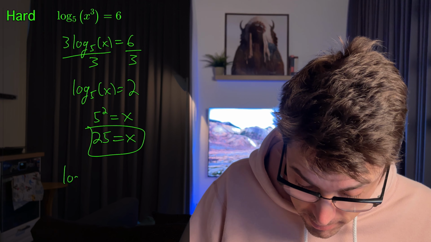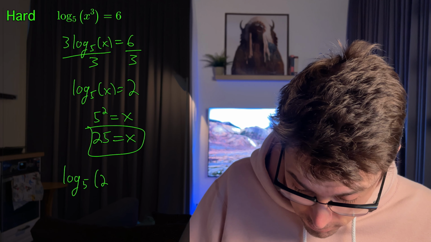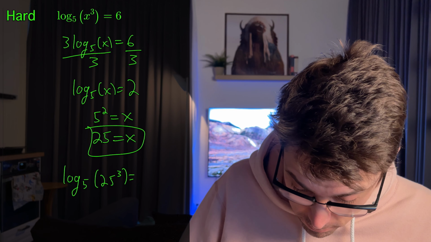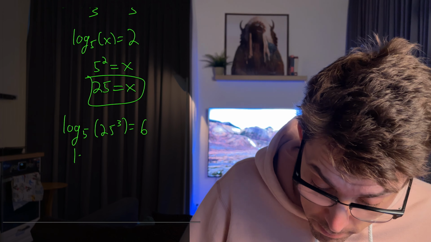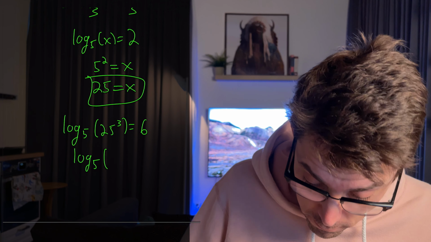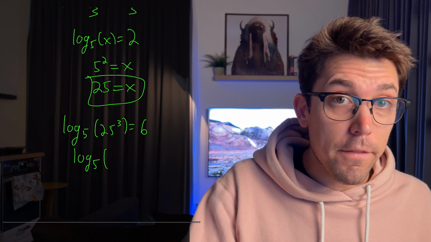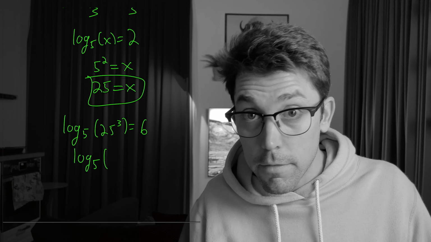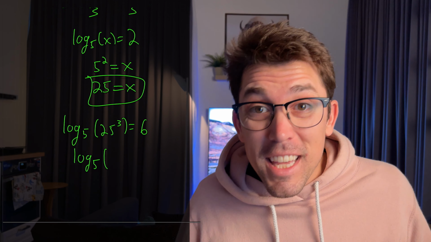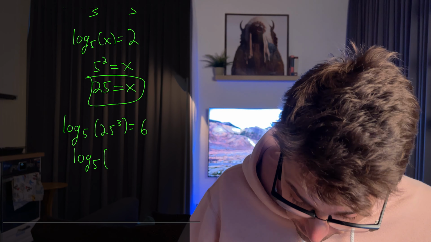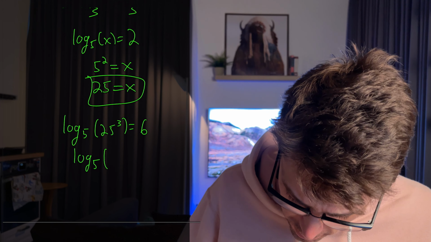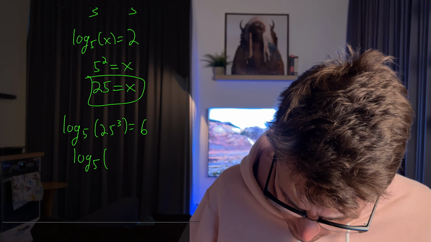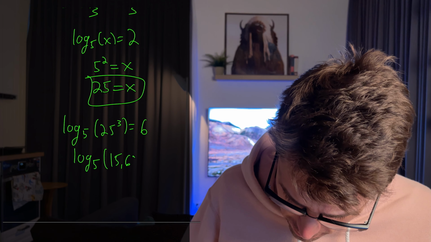So what this means is that log base 5 of 25 cubed is equal to 6. Let's actually further verify this. That would mean that log base 5 of 25 cubed, which is, pause the video, I don't know it off the top of my head actually, 15,625, is equal to 6. So the question is, does 5 to the power of 6 equal 15,625?